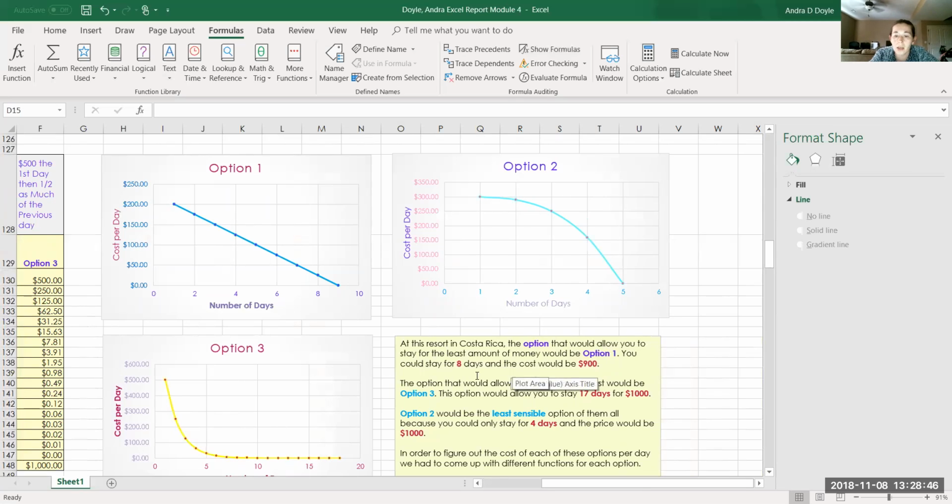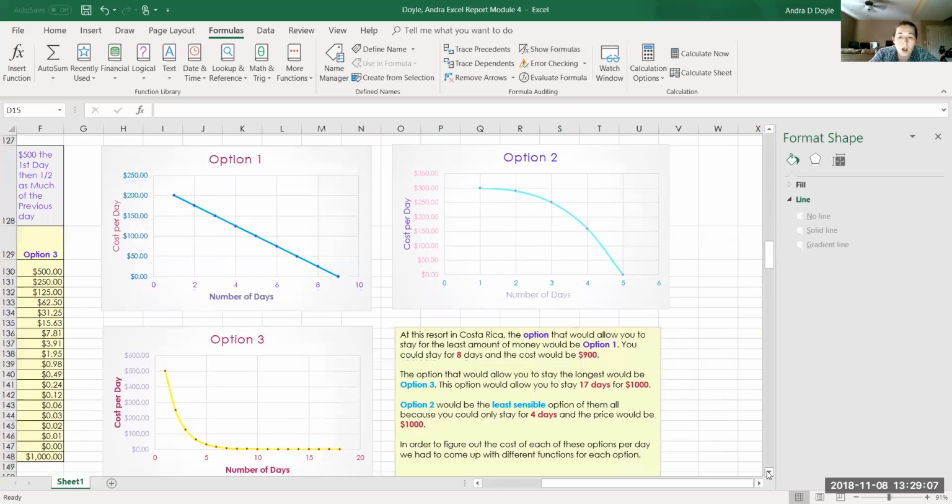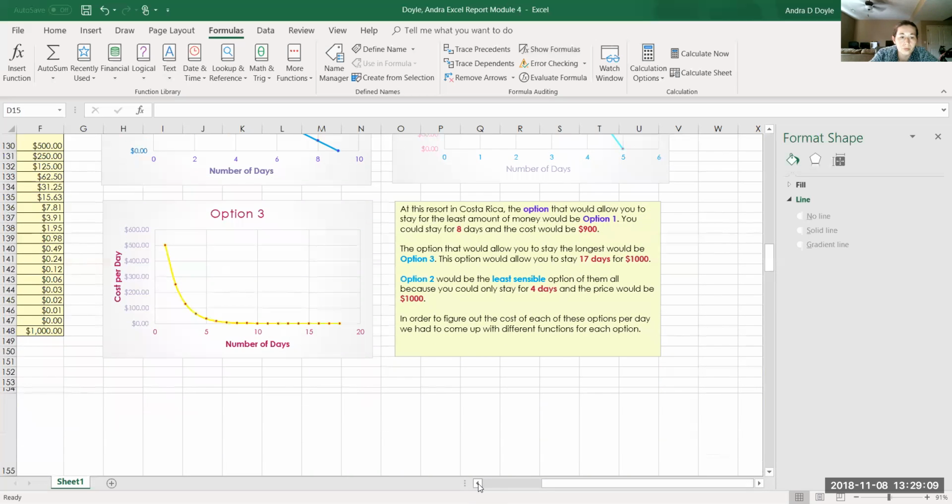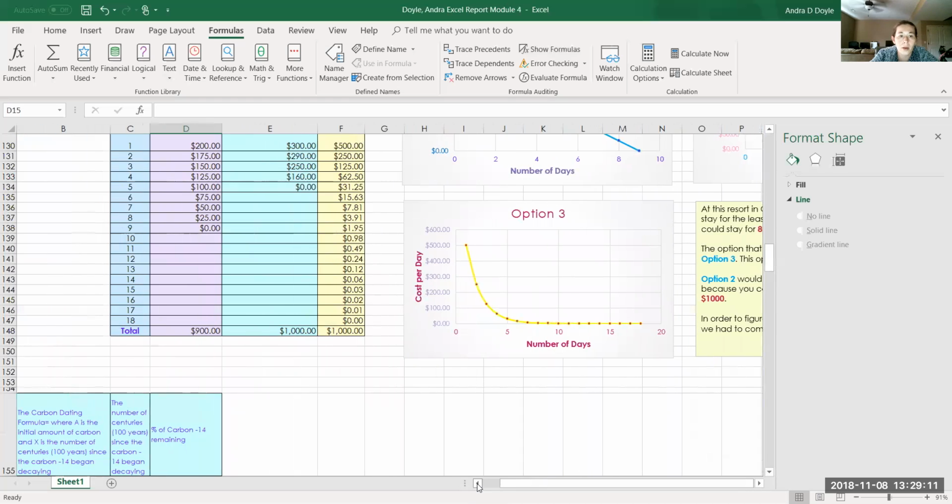You could stay for 8 days, and the cost would be $900. The option that would allow you to stay the longest would be option 3, and this option would allow you to stay for 17 days for $1,000. Option 2 would be the least sensible option of them all, because you could only stay for 4 days and the price would be $1,000. And we just made a table and we made graphs for each one of those.